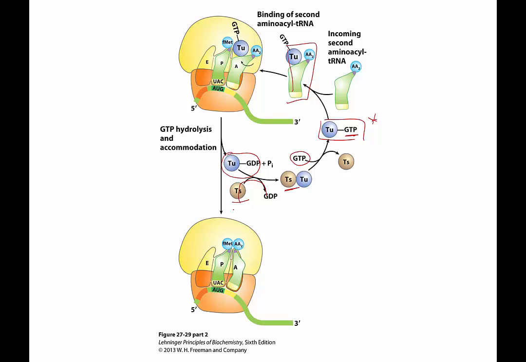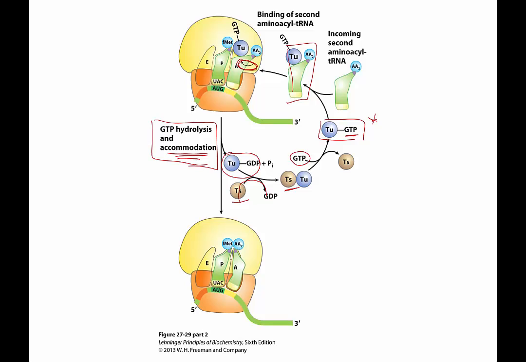And one last thing I wanted to say about this slide is that GTP hydrolysis gives rise to a conformational change that's referred to as accommodation. This accommodation is what's being illustrated right here.